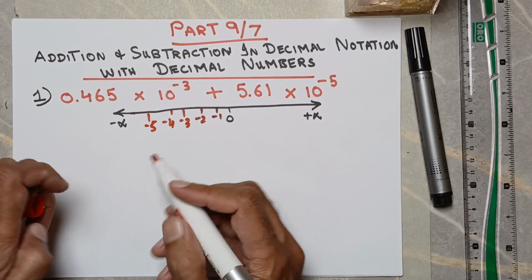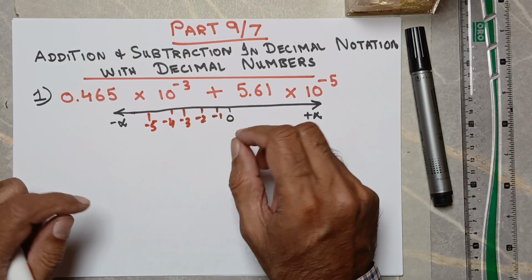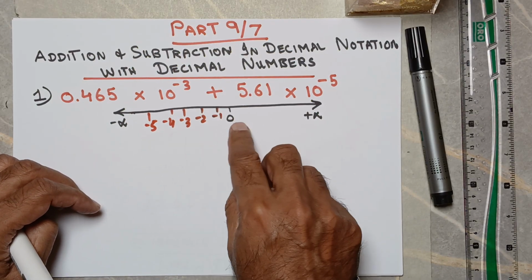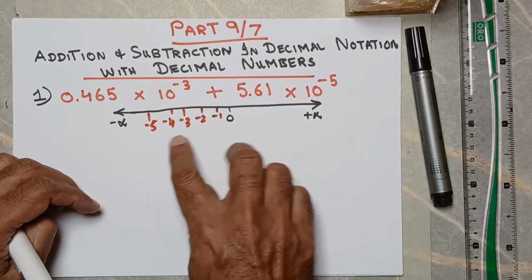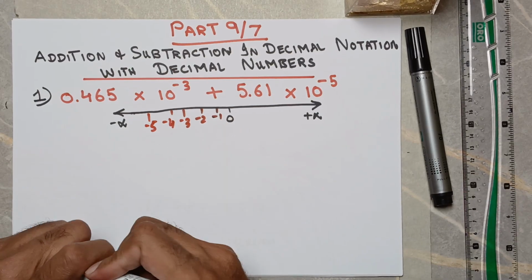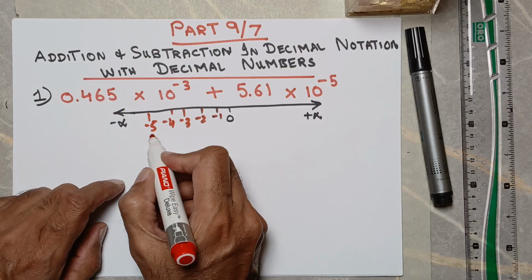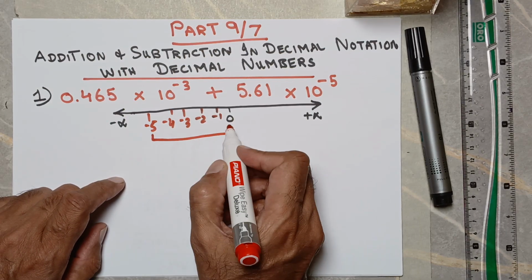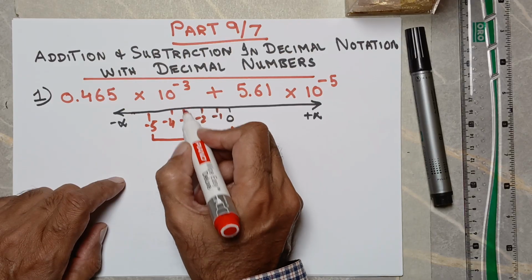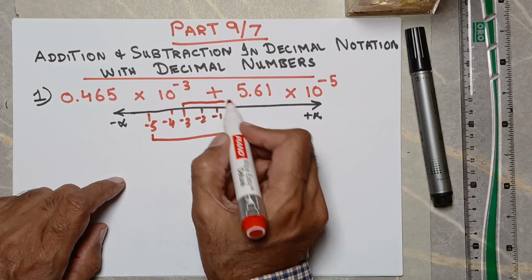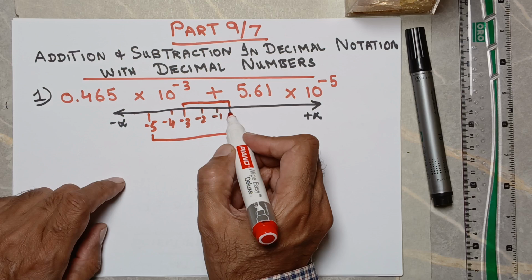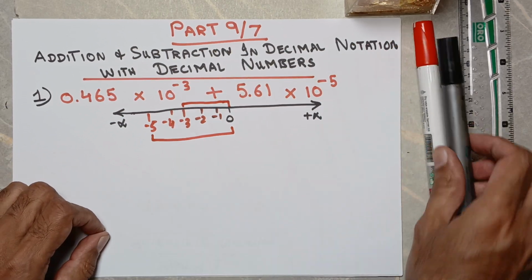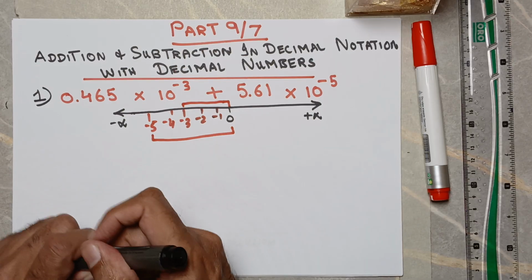Now just concentrate that the distance of minus 5 from 0, to the left of 0, is quite bigger than minus 3. Minus 3 is closer to 0. The distance of minus 5 from 0 is much bigger. So that's why minus 5 is lower in terms of 10 raised to the power minus 3.